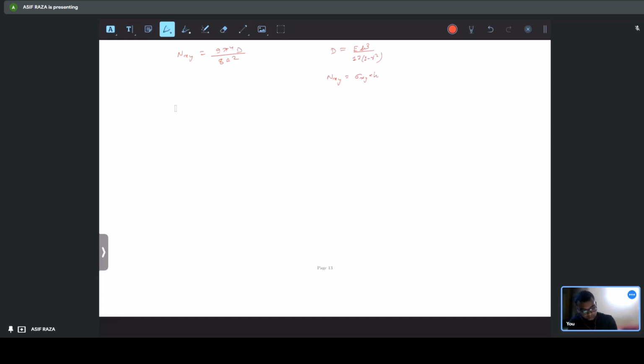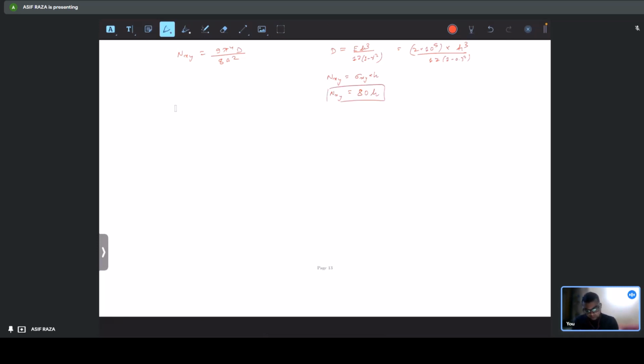So let's substitute. E is 2 into 10 to the power 5, h cube by 12 (1 minus 0.3 square), and sigma xy is given as 80 times h, so 80h.